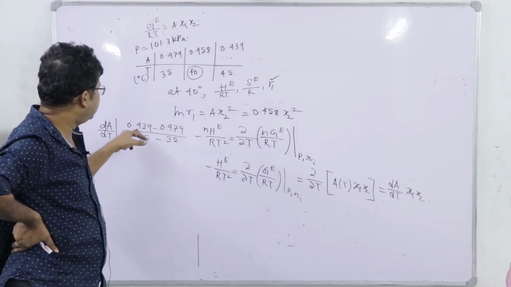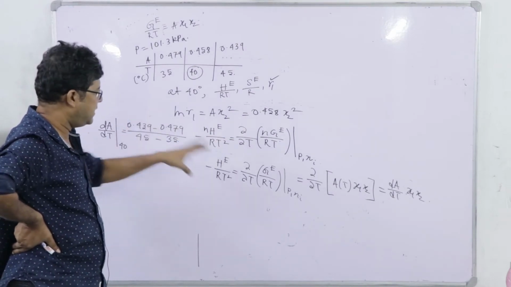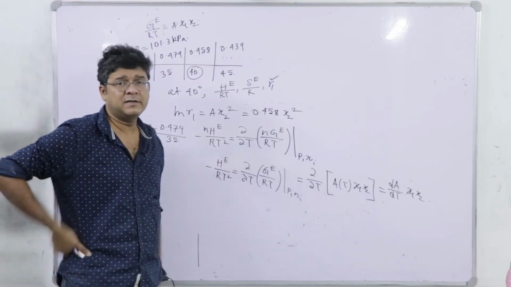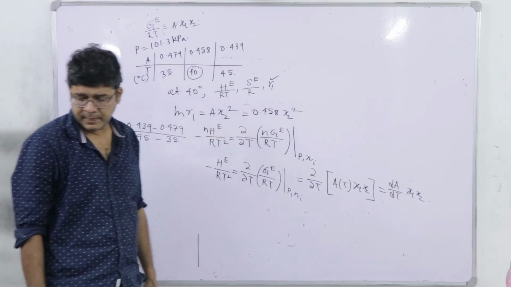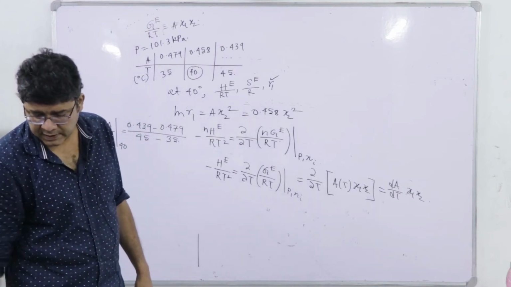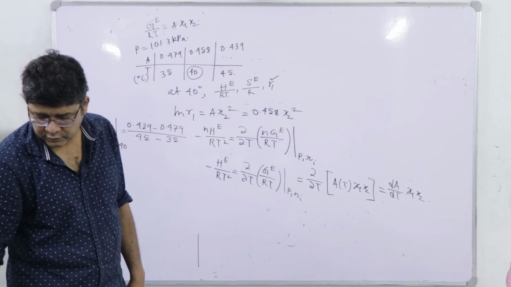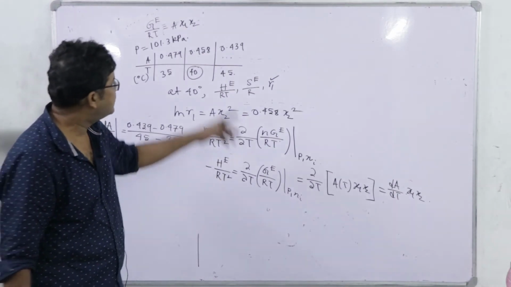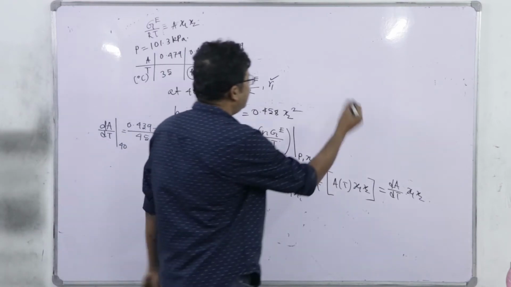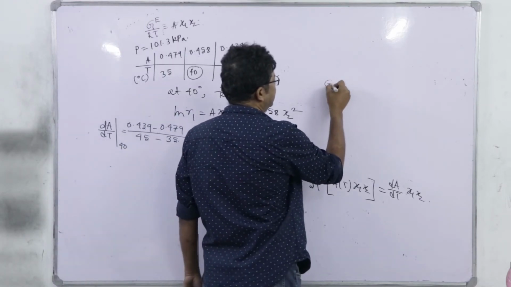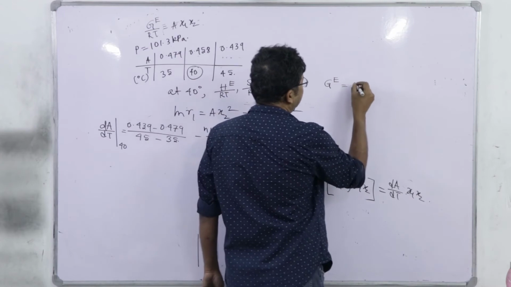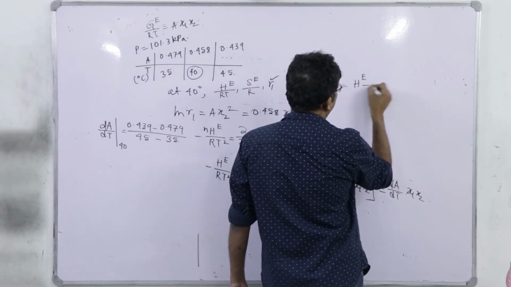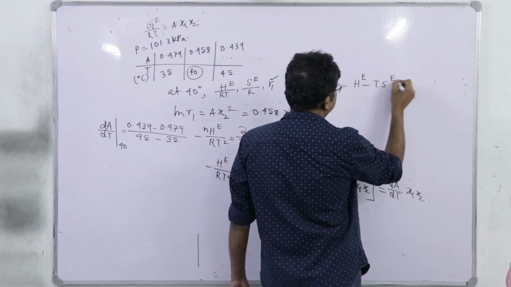You see that this is smaller than this, so dA dT is negative, A decreases with temperature. So we will get the positive excess enthalpy. And finally, we have to solve for SE by R. SE by R is pretty simple, because we know that GE is equal to HE minus T SE.